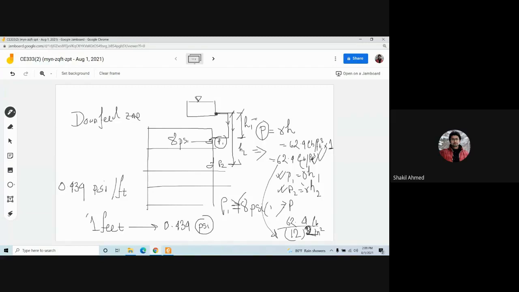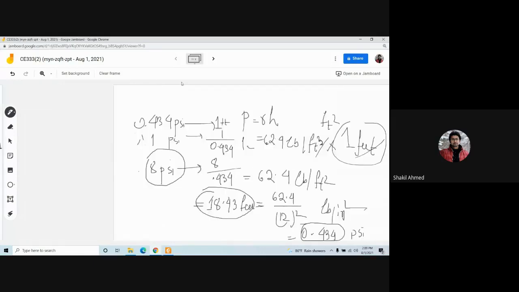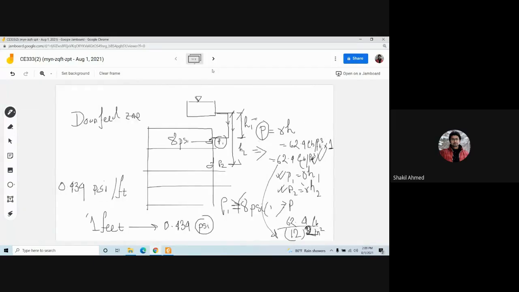As the water flows through this pipe, there is a loss due to friction. So if you provide exactly 18.43 feet here, then some of it will be lost due to the friction.